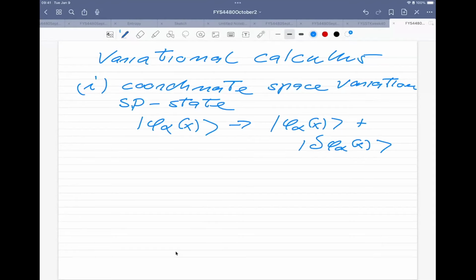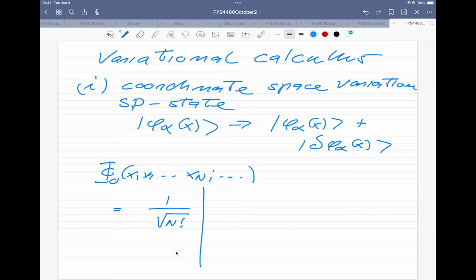Because remember that when we made the ansatz originally, this phi 0 of x1, x2 up to xn, and then there are additional quantum numbers, which I'm just putting as dots here, that was given by a Slater determinant. It's just a quick reminder. So this is just a coordinate space variant. So we would have a state phi 1. So alpha corresponds to the given states which we are filling up to the Fermi level. And then we have particle 1, the same quantum number 1, particle 2.